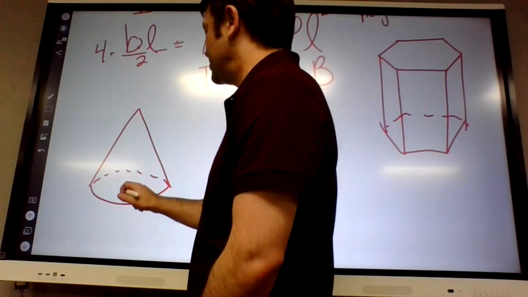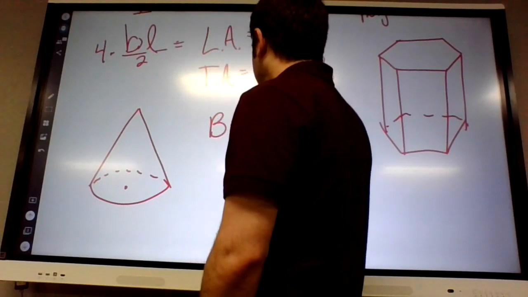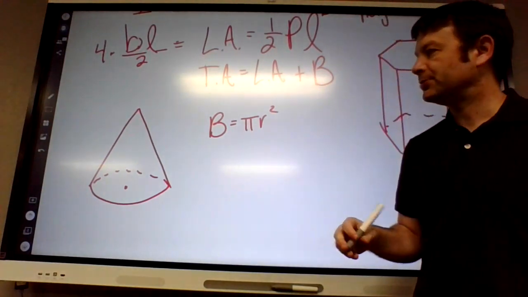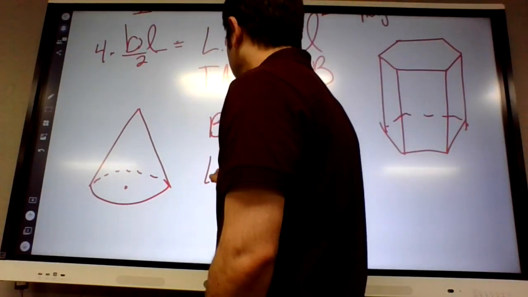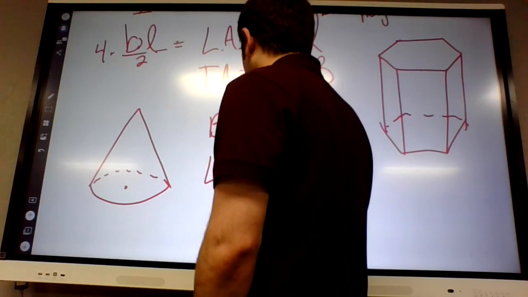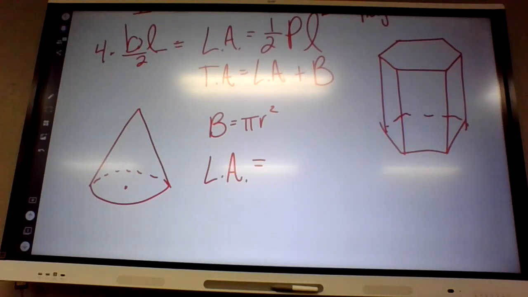So how would we find the base of the cone? Pi r squared, right? Because it's a circle. And how would we find the lateral surface area? Kind of like cylinders from last week where we did circumference times height.